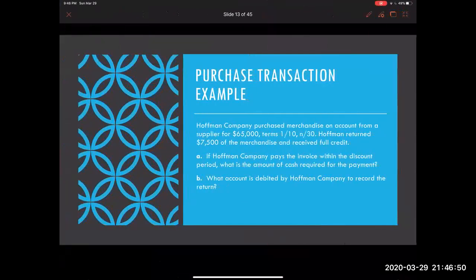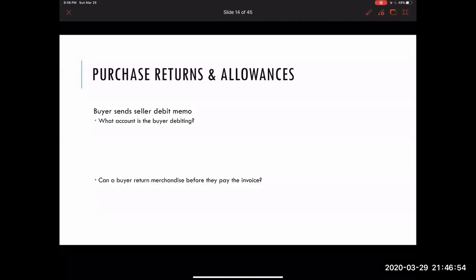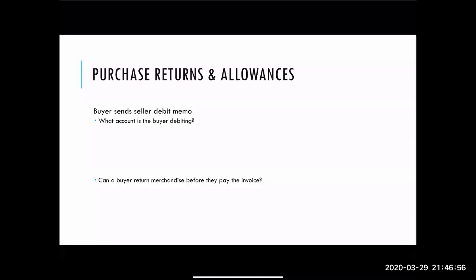All right, so moving right along, now we're talking about returns and allowances. Returns and allowances is usually whenever you're returning a product, especially if you're a corporation. The buyer sends a debit memo to the seller saying, hey, we no longer want these products, and they usually give their reasons, like if it's damaged.